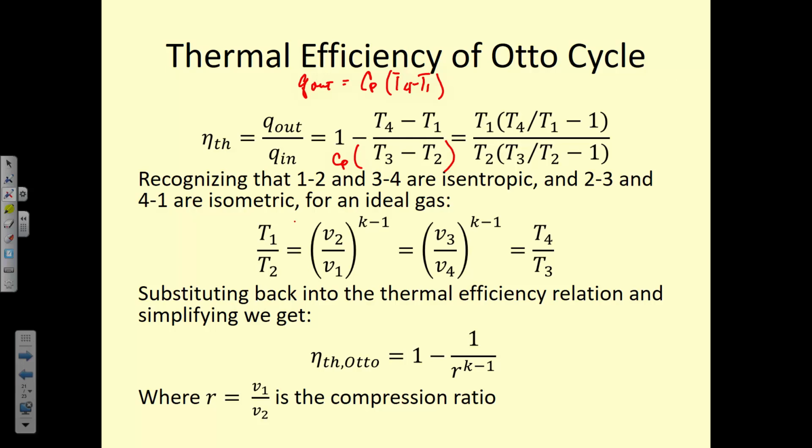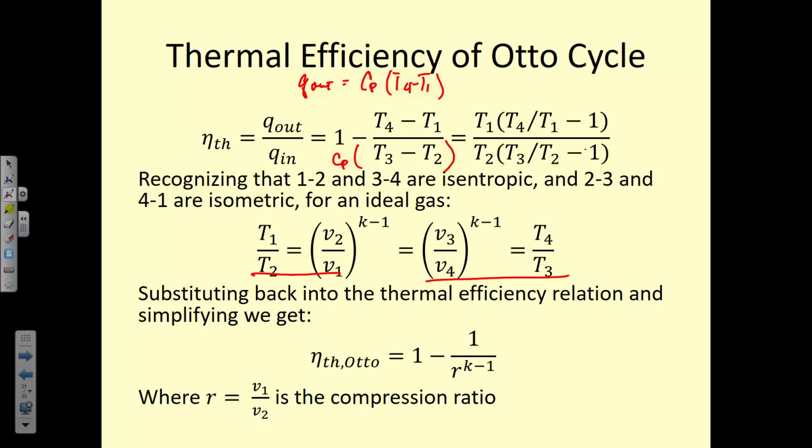And because processes 1 to 2 and 3 to 4 are isentropic, and 2 to 3 and 4 to 1 are constant volume, for an ideal gas we can, based on the Gibbs equation, which we derived a long, long time ago in chapters 5, 6, and 7, where we worked up to that with ideal gases and then the Gibbs equation, these hold true.